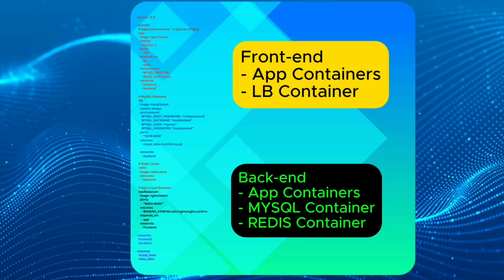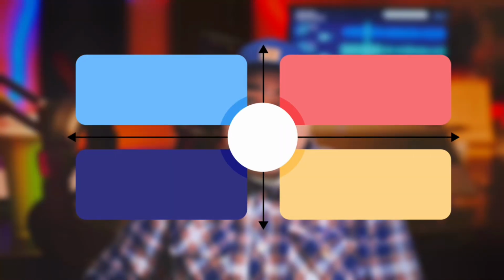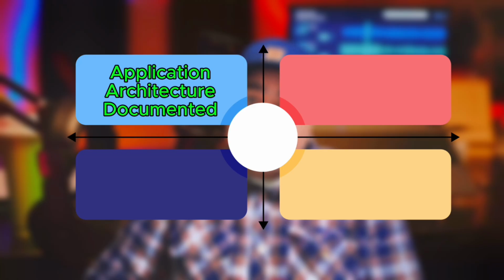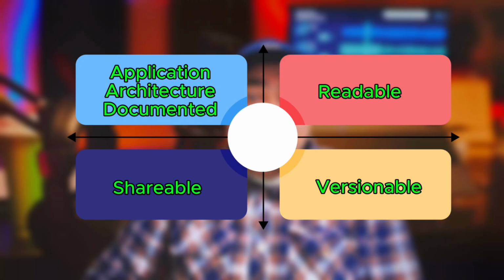The load balancer will stay in the front-end network. The MySQL requires data persistence, for which we create a Docker volume. With everything defined in the single file, our entire application architecture is now documented, readable, versionable, and shareable. This is infrastructure as code at its finest.